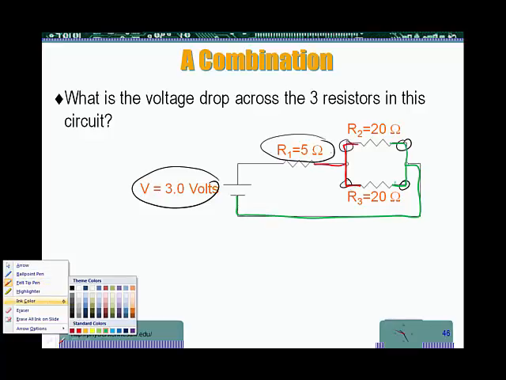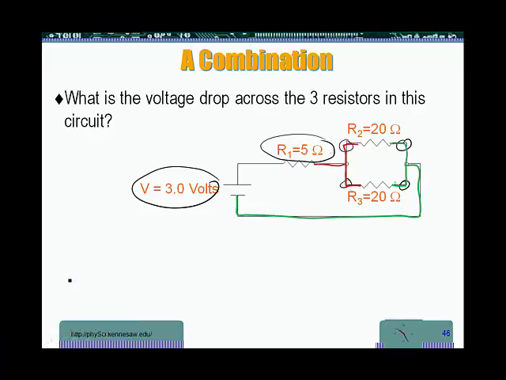Now, after we notice that, let's answer the question. Here, we are asked what is the voltage drop across the three resistors in this circuit. So we would like to find the voltage drop across each one of them.